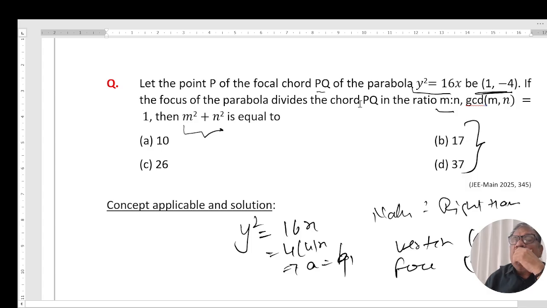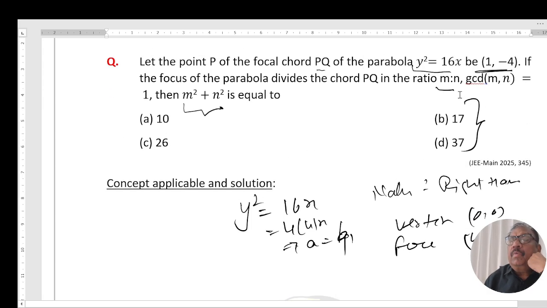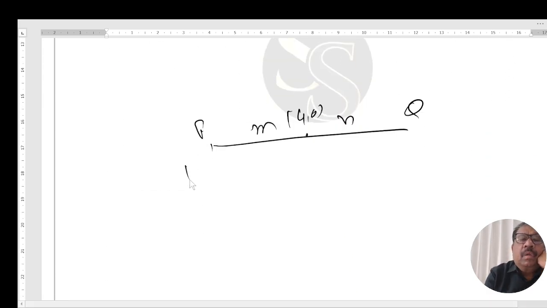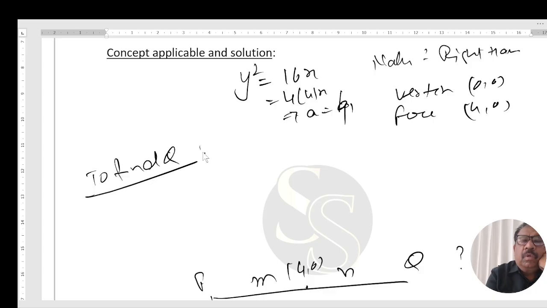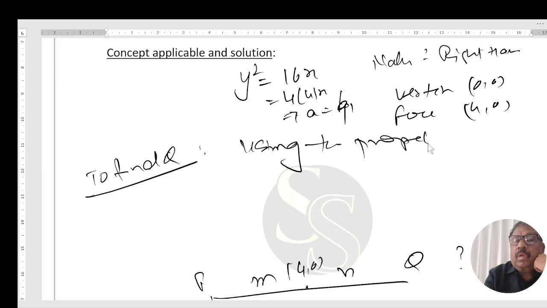Let P be on the focal chord of the parabola. The point P is known, (1, minus 4). Now you have to find Q first, using the property of the focal chord.